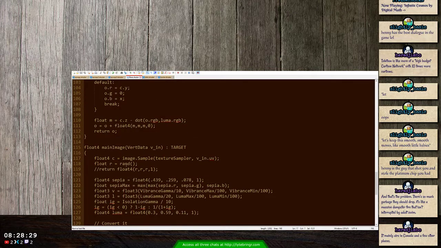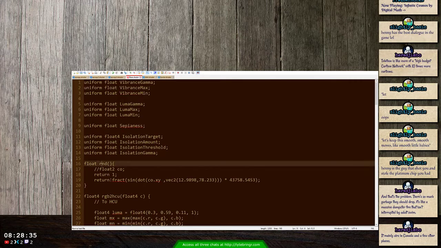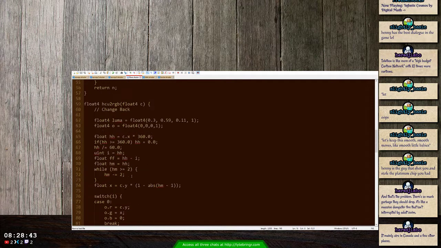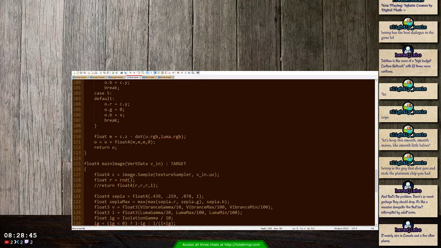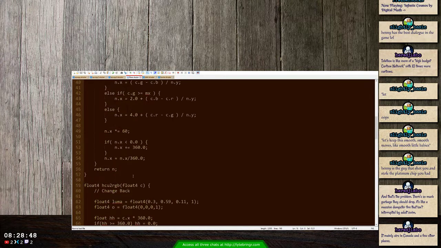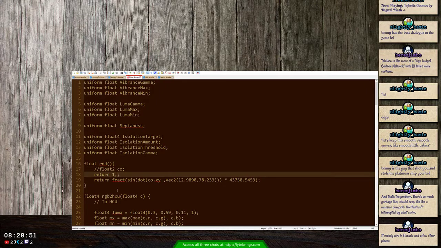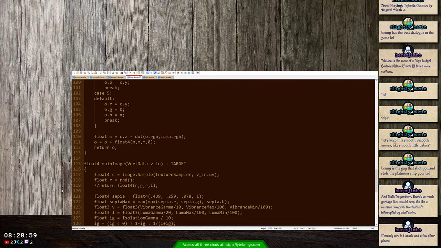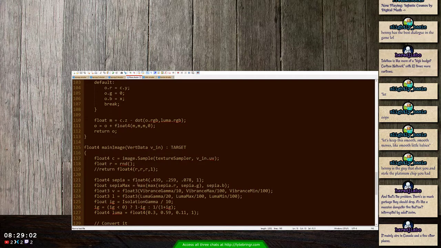Does it not like me calling it rand? That's not it. What is the problem? Float of r equals a thing. What is your problem?